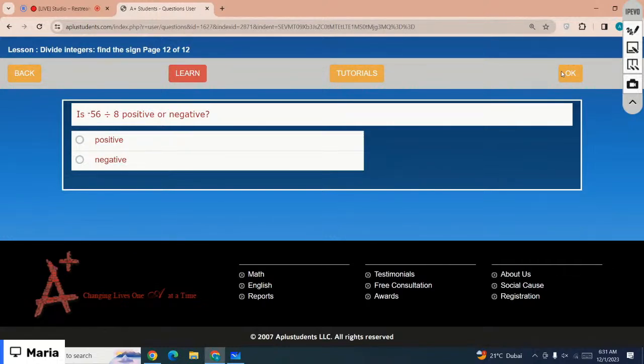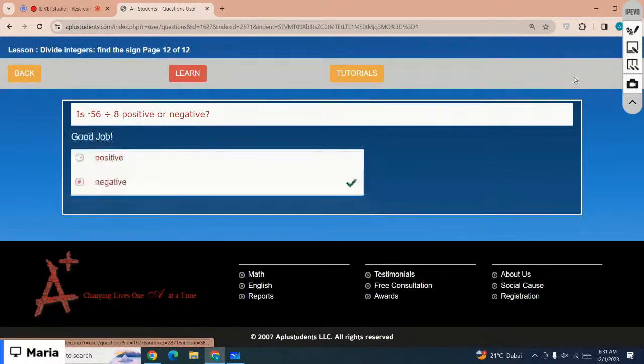The correct option is negative because one of the numbers is negative, so the answer must be negative. Very good. Okay, we are done with the lesson.